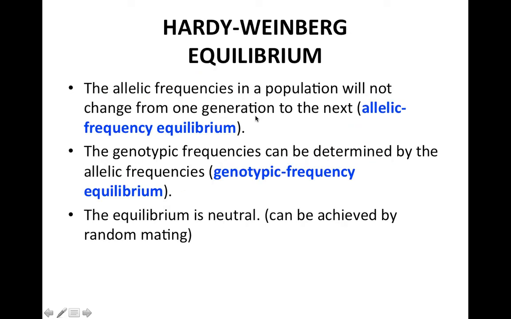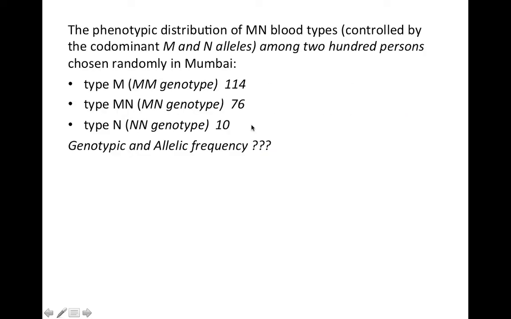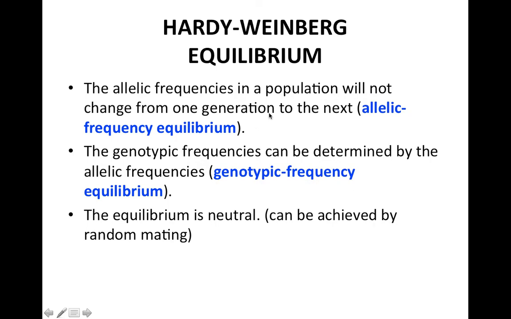Hardy Weinberg equilibrium has basically three laws. One is allelic frequency equilibrium, which means that the allelic frequency of a population will not change from one generation to the next generation.